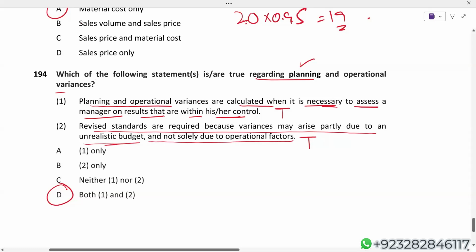And again, I'm telling you, in the entire PM, if there is any topic which you want me to revise, I can arrange a live class.